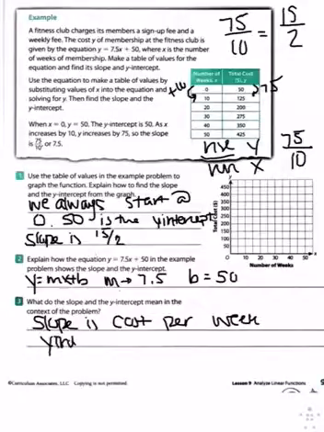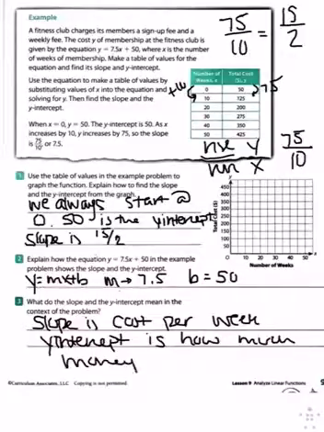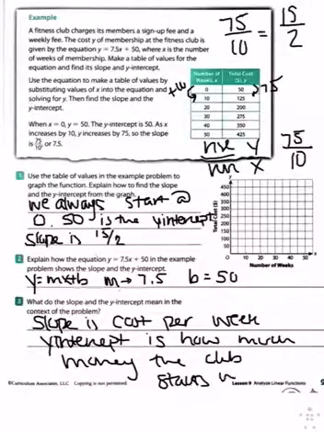The y-intercept is how much money the club starts with. It's that initial fee that you have to pay up front. Not the per week, but the initial fee that you have to pay up front each month.